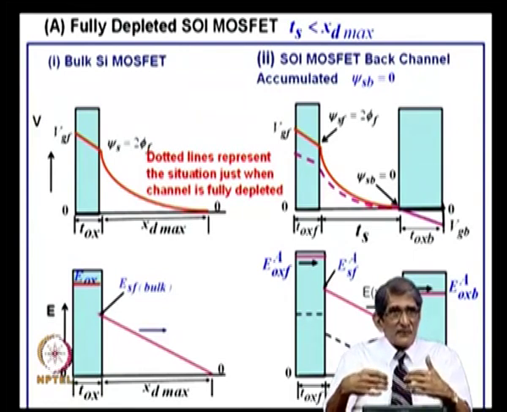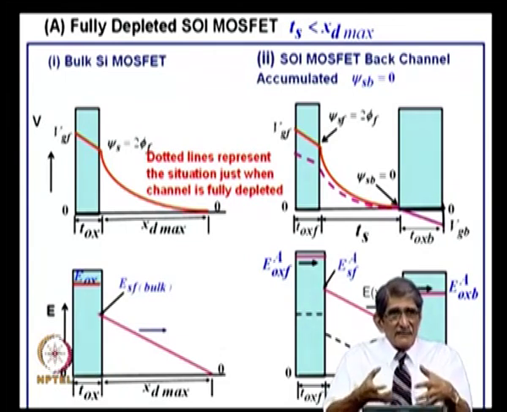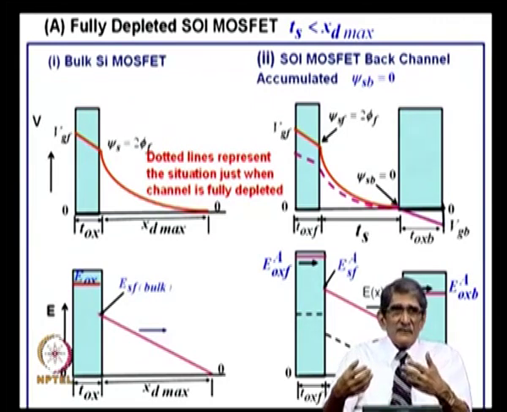Hole concentration is 10 to the power 16, 10 to the power 16 into e to the power of phi by Vt. So, let us say phi is even a few millivolts, e to the power of phi by Vt will raise this particular carrier concentration from 10 to the power 16 to double that value very easily.